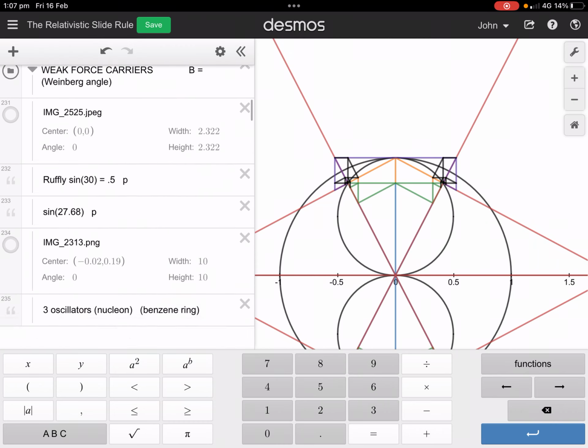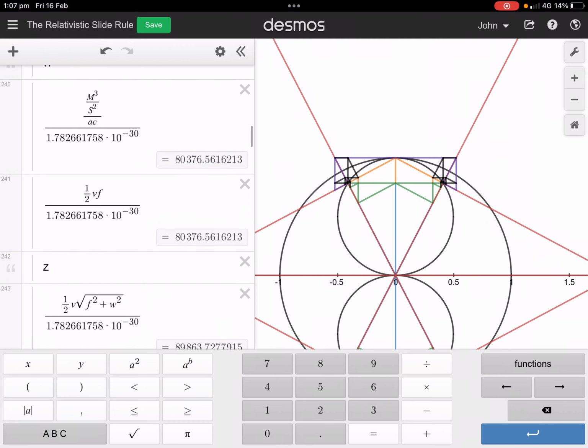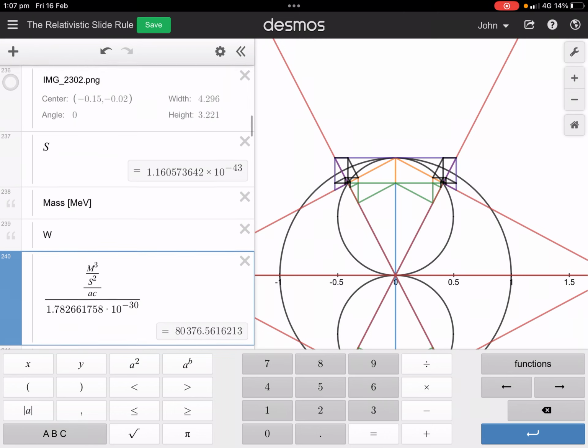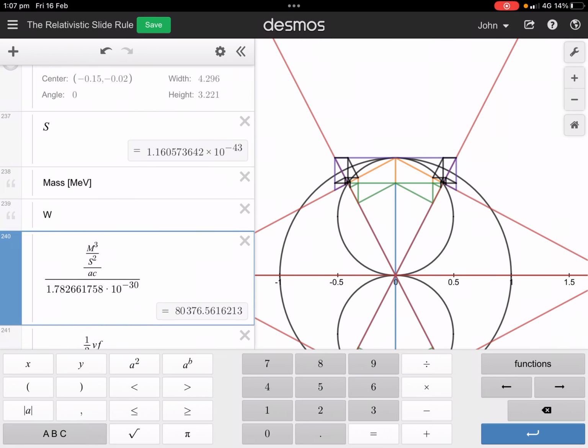When I do that, well, it's spot on. The MeV is spot on, and of course it's huge. It's 80 times the mass of the proton, because the proton's only about 1,000, and this is 80,000. So how the hell does a mass of 80,000 come out of a mass of 1,000?